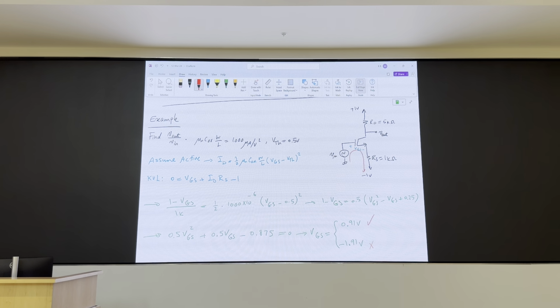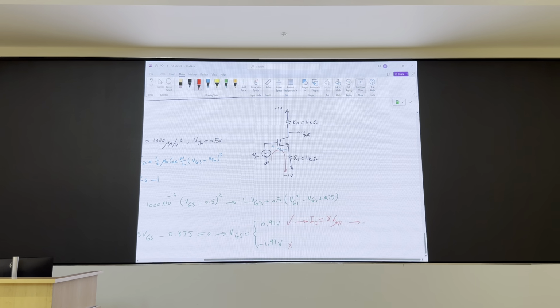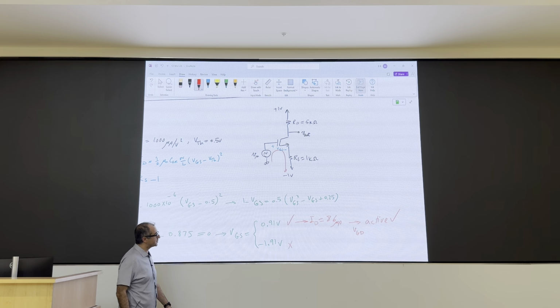Okay, so if that's the case, then this gives you an ID of how much? 86 micro. And then with this, you can check the device is active. You check VGD, and you show it is less than the threshold voltage, and the device will be active.